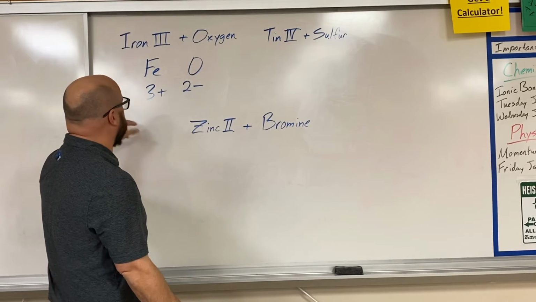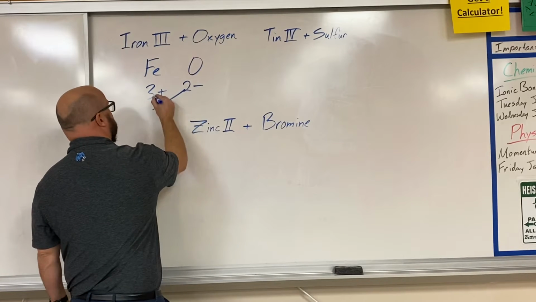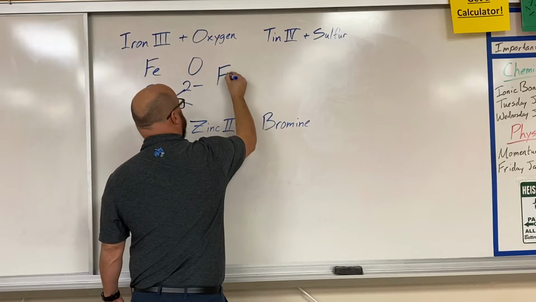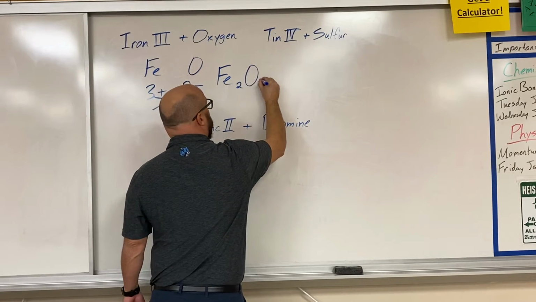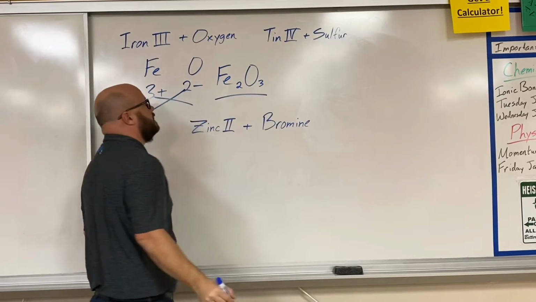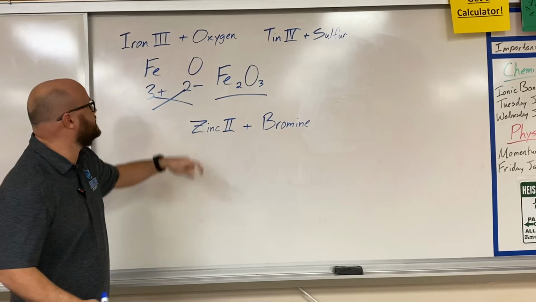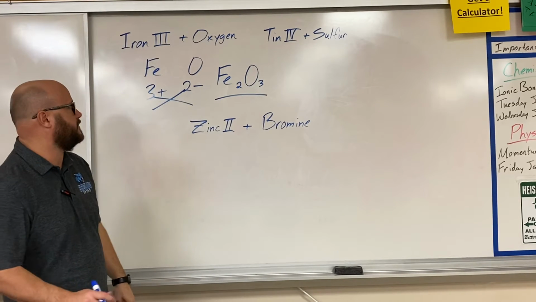And then last step, crisscross applesauce. 2 goes to iron, 3 goes to oxygen, and we end up with Fe2O3. Same as before when it comes to the final product. The only difference, using that Roman numeral for our oxidation number.